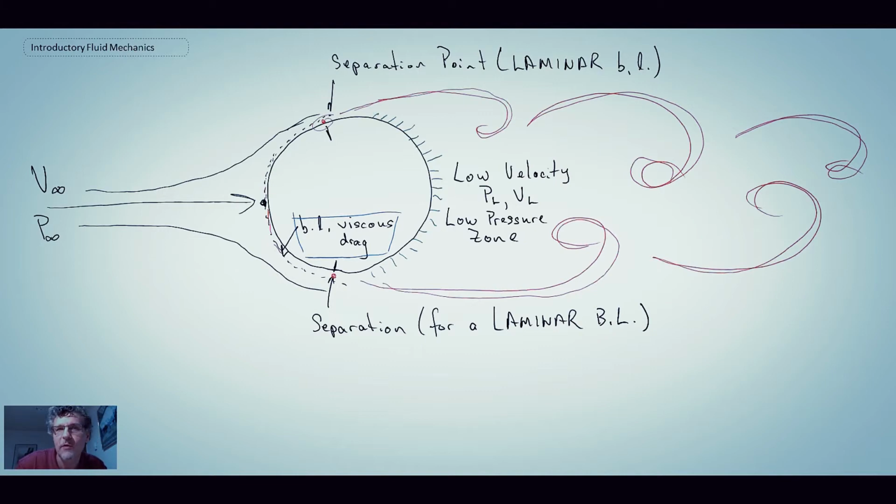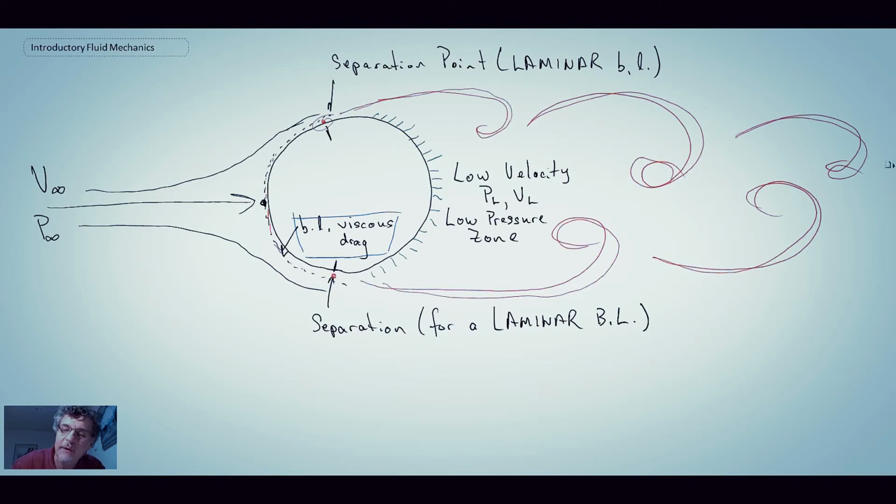There's a strong recirculation zone there, and that is one of the main contributors to the drag on a cylinder. And consequently, those are the two forms of drag that would be present in a cylinder or pretty much any bluff body where you get separated flow like you do with the cylinder.